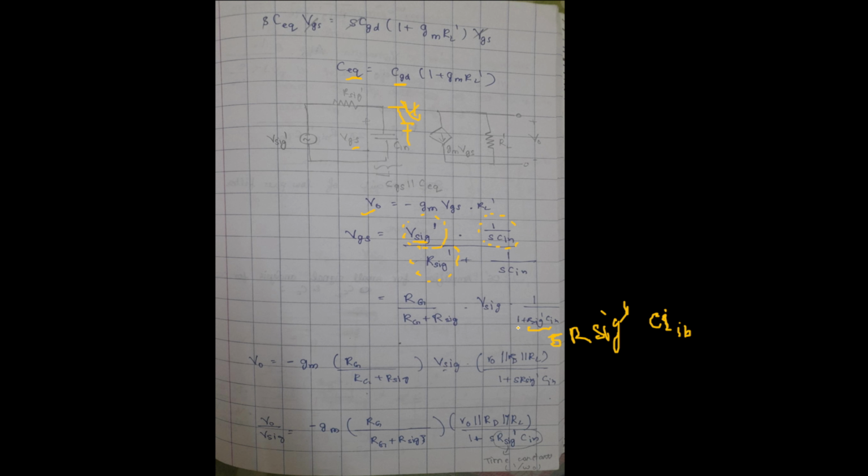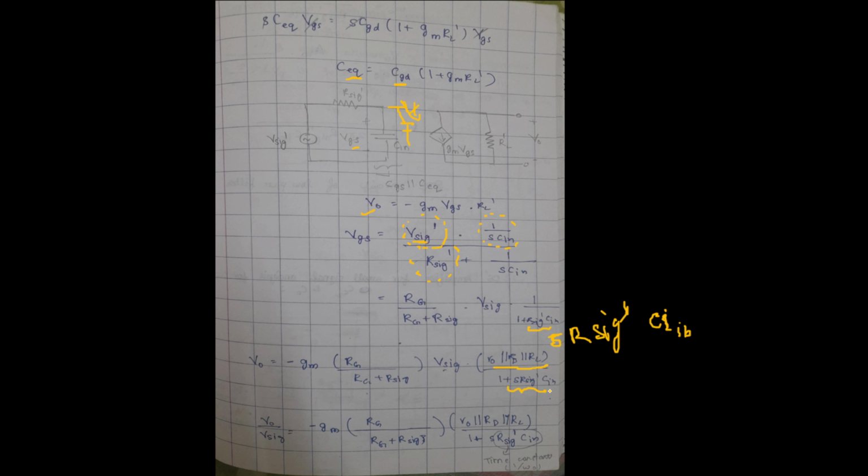Okay, so now we can finally write the entire thing as V output is equal to minus gm gate resistor divided by sum of gate and the signal resistor into the initial voltage signal that we had, the equivalent resistance on the right hand side divided by 1 plus S R signal dash into C input, right?